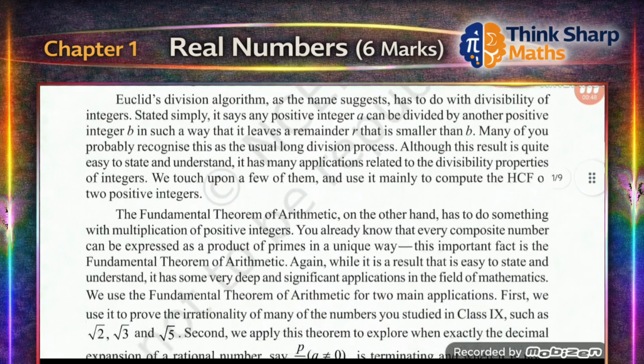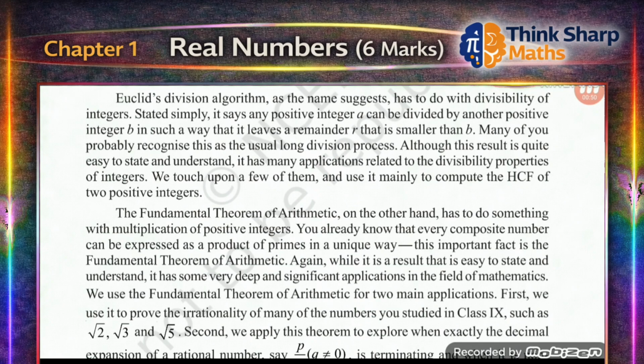Then we saw the fundamental theorem of arithmetic. We also saw that Euclid division algorithm has many applications, but in this chapter we are going to use it mainly for finding the HCF of two positive integers.